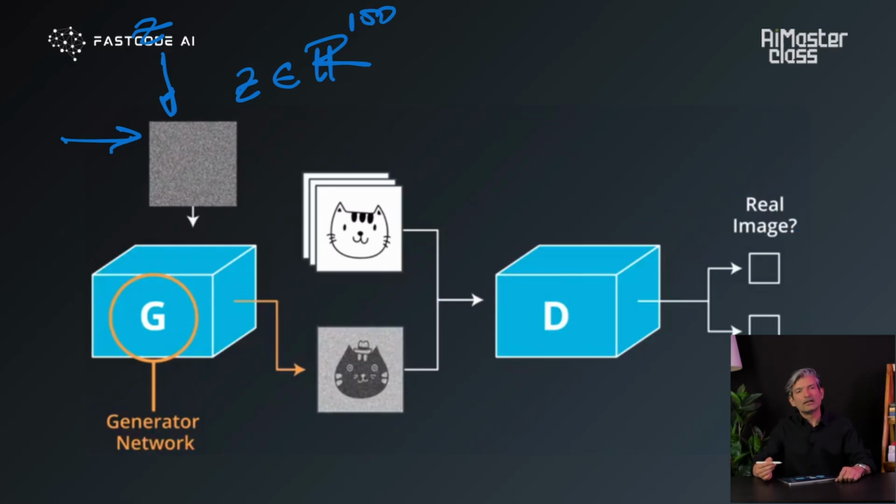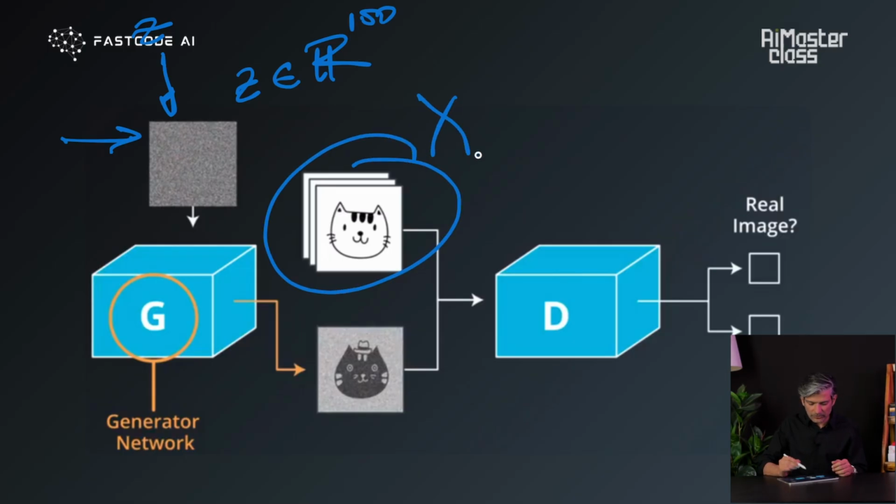But now listen carefully. This is where I'll tell you how to train the generator, and this is where it becomes implicit. It is not explicit. Why? Because we train the generator using the gradients from the discriminator. When we are training the generator, we don't need the dataset images. We only need the images generated from the generator.